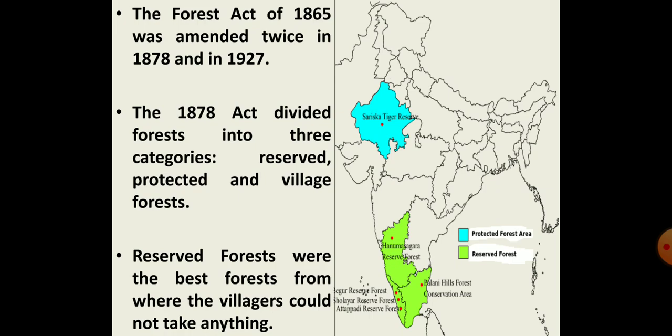The Forest Act of 1865 was amended in 1878 and then in 1927. The 1878 Act divided the forests into three categories: reserved forest, protected forest, and village forests. Reserve forests were the best forests, and the villagers could not take anything from these forests.